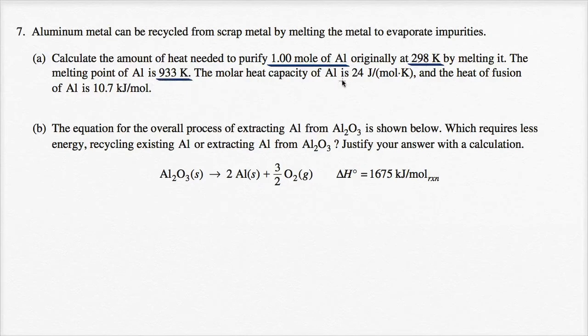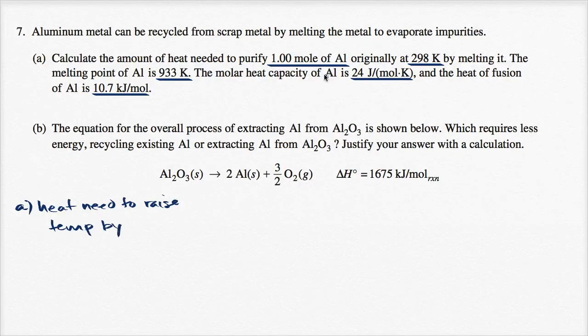And we're going to do that by looking at the molar heat capacity. And then we need to add to that the heat of fusion, the heat necessary to actually melt it. So let's do that in steps. So heat needed to raise temperature.